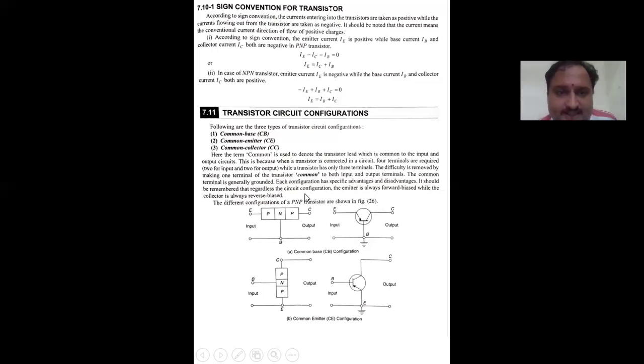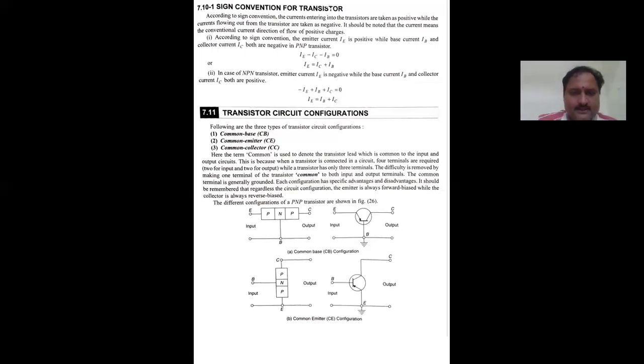Another important thing, the next topic is configurations. We have three different configurations in the transistor: common base configuration, common emitter configuration, and common collector configuration.